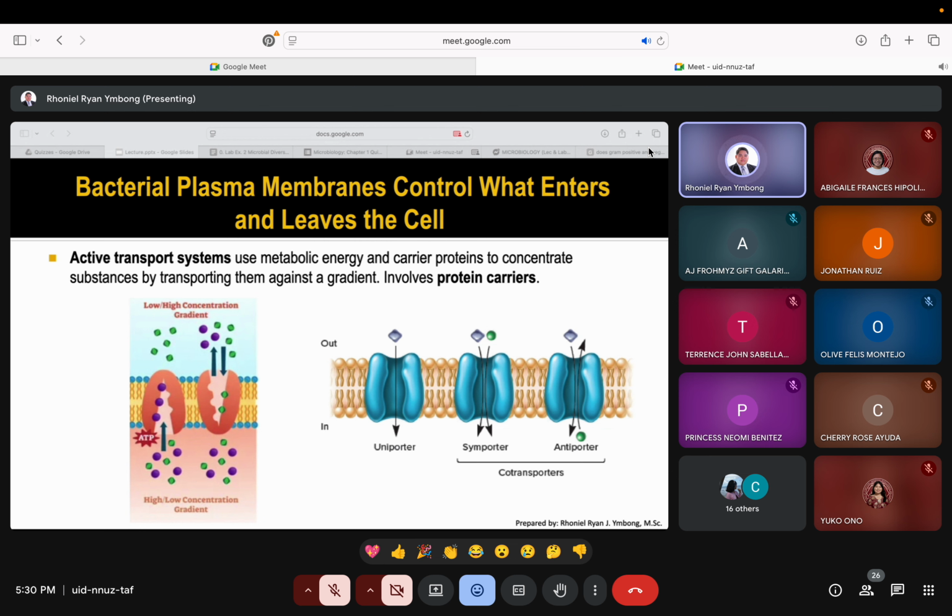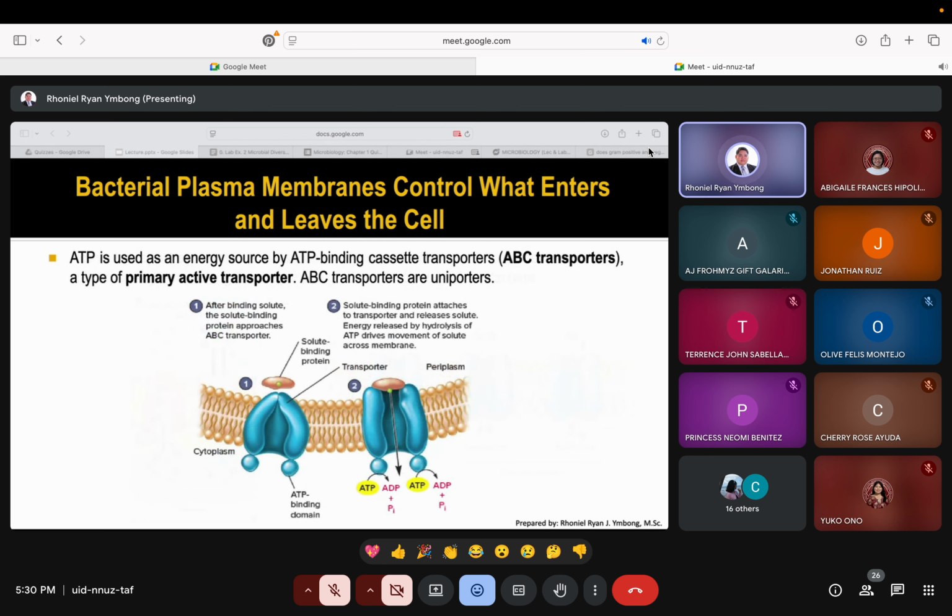Now, in bacterial active transport, you can either have primary or secondary active transport. Here is an example of a primary active transport system, which has something to do with what you call the ABC transporters or the ATP binding cassette transporters. In your ATP binding cassette transporters, you have one particular end here, which is the receptor or the solute binding part of your protein, and at the other end is the ATP binding domain or region of your protein.